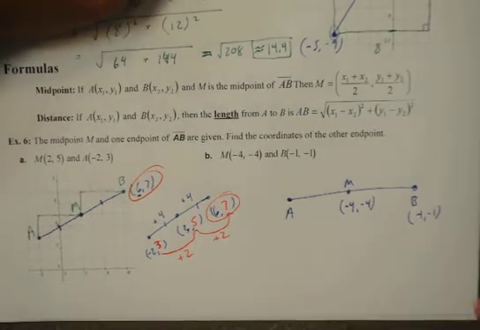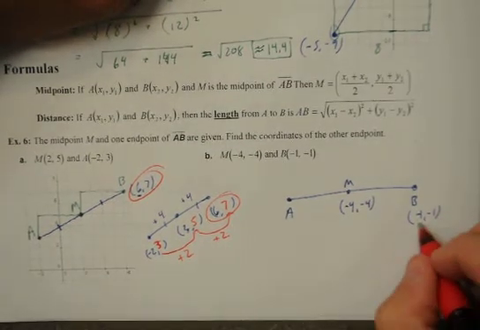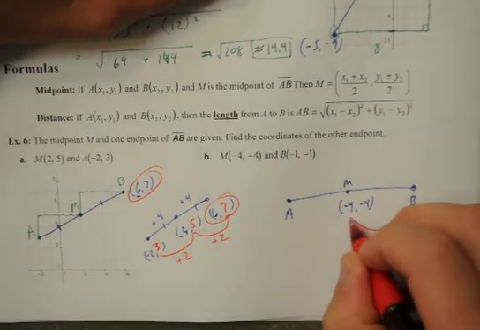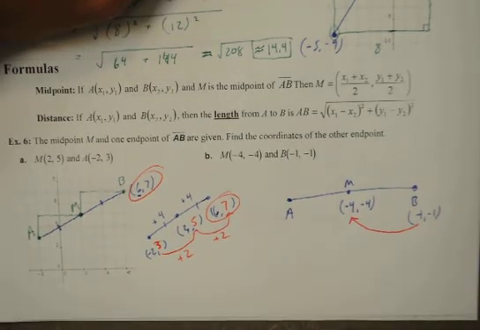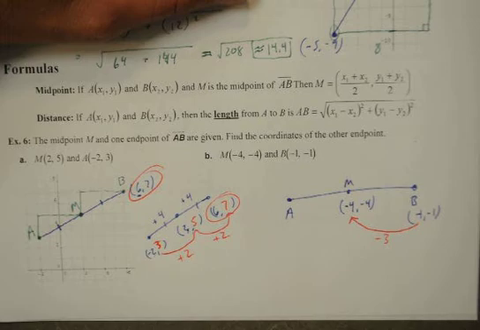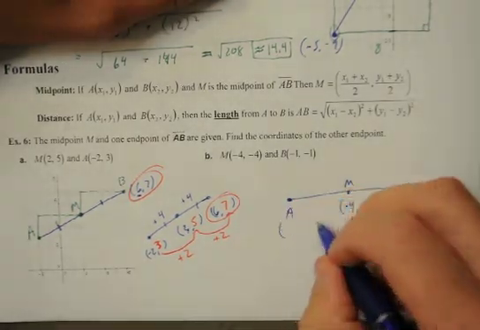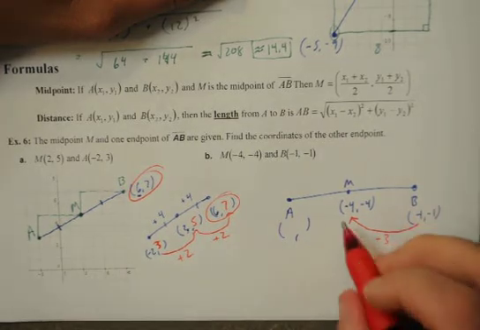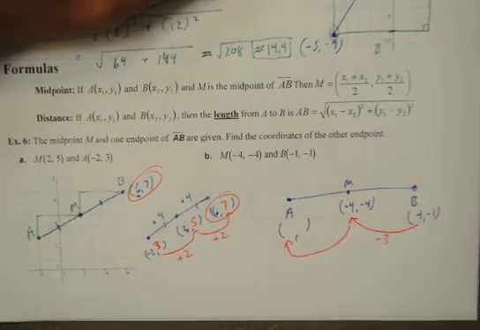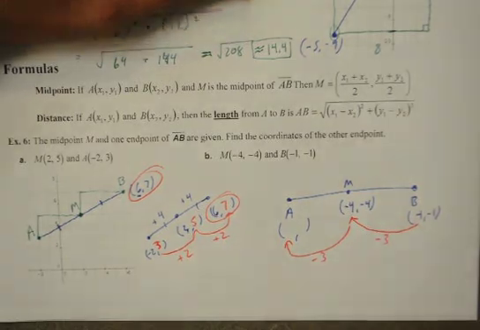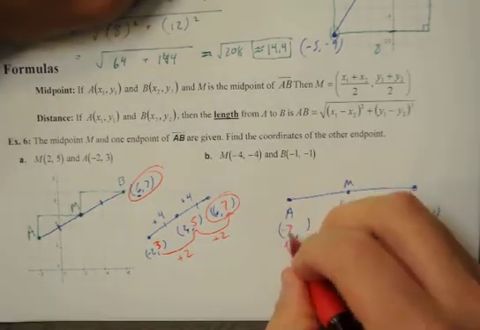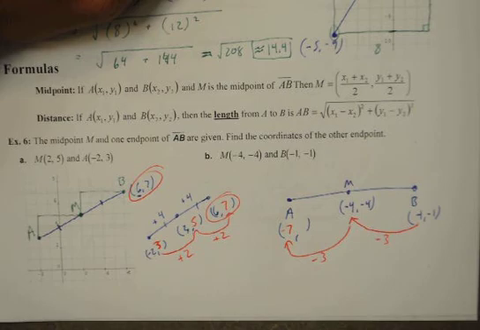Okay, so in this scenario, we're kind of going backwards. How do you go from negative 1 to negative 4? You subtract 3. How do you go from negative 4 to whatever that is? You're going to subtract 3 again. So negative 7.